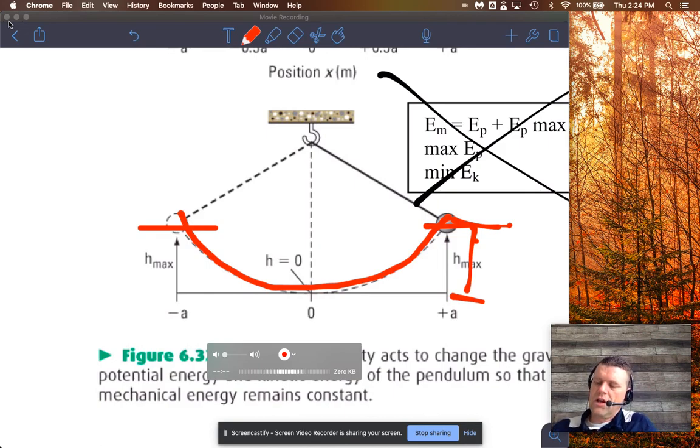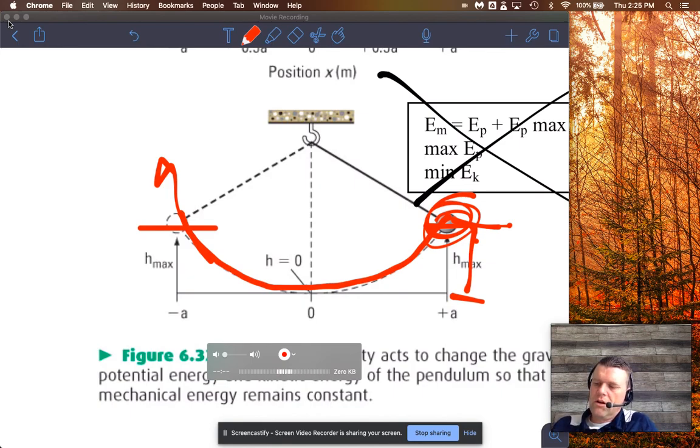You could never get the pendulum to go higher than that all on its own, because it would mean that you would have to input some energy somewhere. And if you only input energy to start with, then you can't get any more total energy than that.